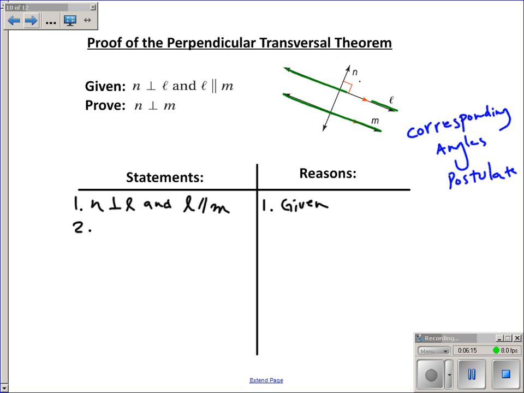I'm going to call this angle 1 and this angle 2. Angle 1 is a right angle, and the reason is the definition of perpendicular.